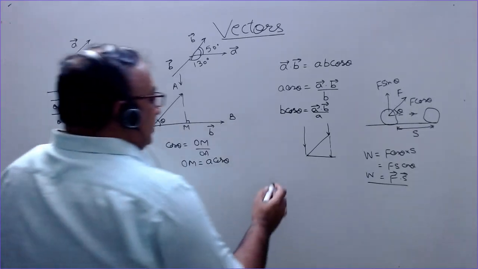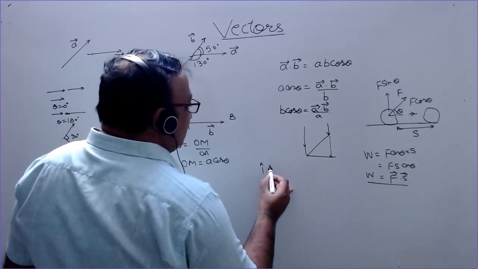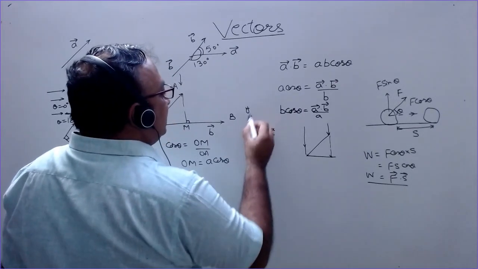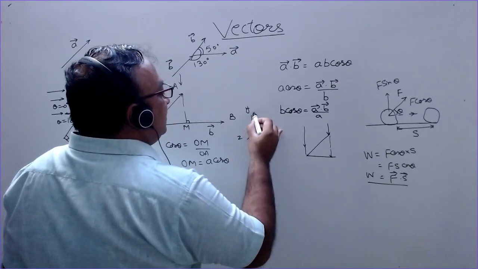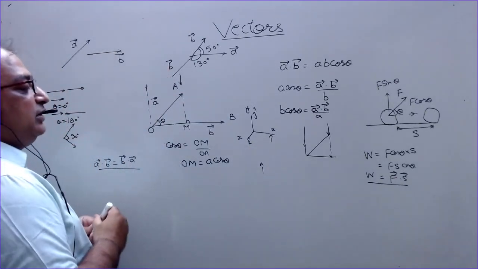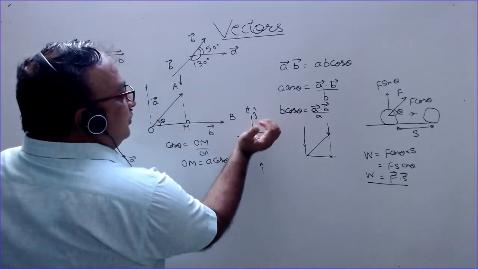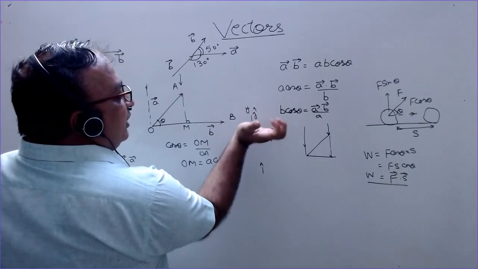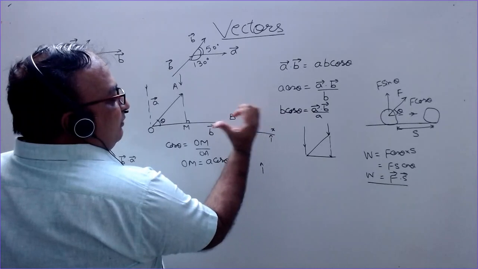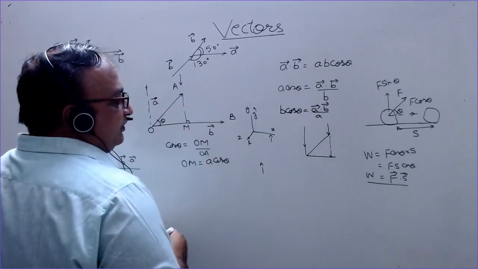If you take the vectors in the directions of x, y, z, i, j, k. Now this is also taken in accordance with the right hand rule. So if you move your fingers in the direction x to y like this, the thumb will be pointing in the z direction.